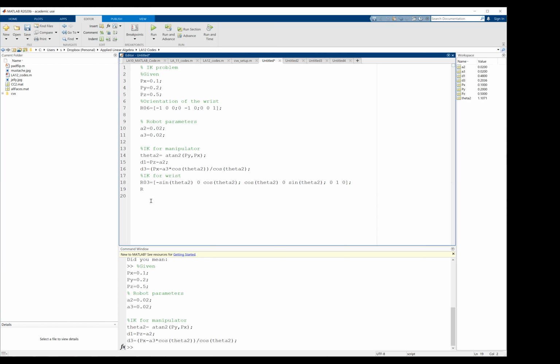So R36 is equal to the inverse of R03 multiplied by R06, and at this point I want you to try this.